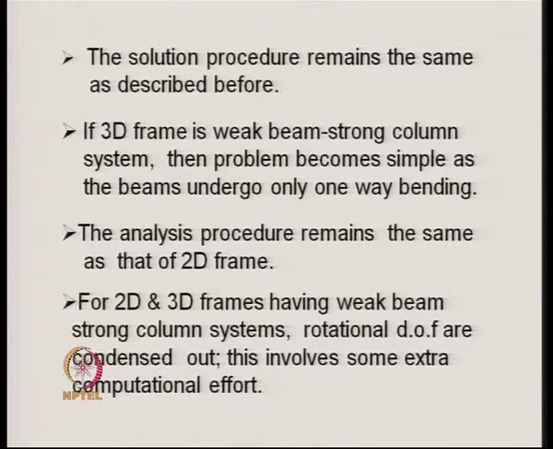Now, if the 3-dimensional frame is a weak beam strong column system, then the problem becomes simple, as the beams undergo only one way bending. The case of bidirectional interaction on yielding does not come into the picture, because the beams in a 3-dimensional frame cannot undergo any lateral bending because of the high stiffness of the slab.